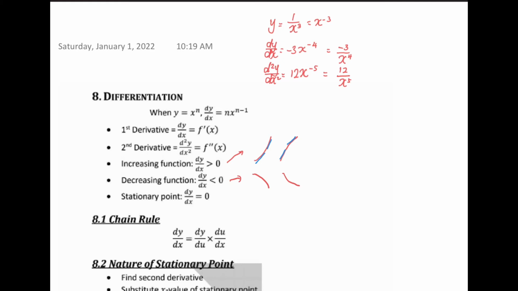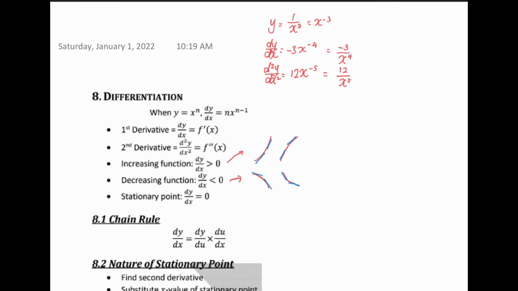Whereas for decreasing function, the gradient is negative. What I am drawing there is the gradient of tangent. You can see it's going down. That is a decreasing function with gradient that takes negative value.